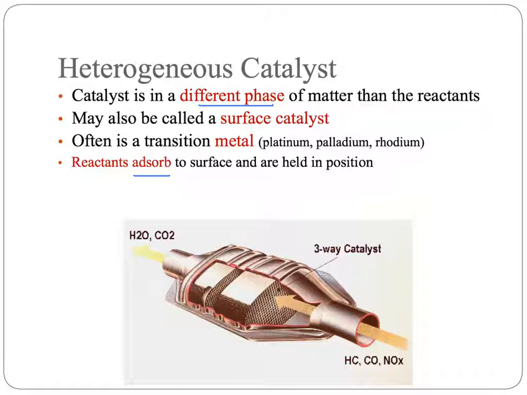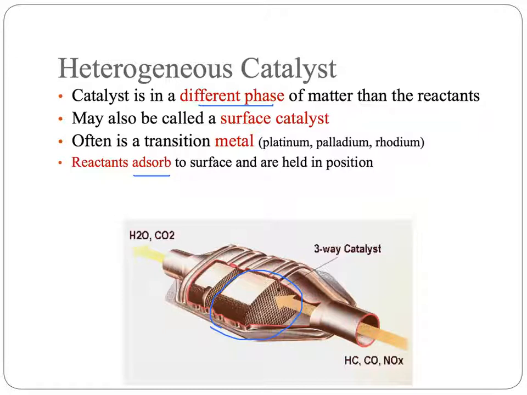The catalytic converters that are in our cars are a great example of a heterogeneous catalyst. And so in these catalytic converters, you have these screens of metal, often platinum or palladium or rhodium.